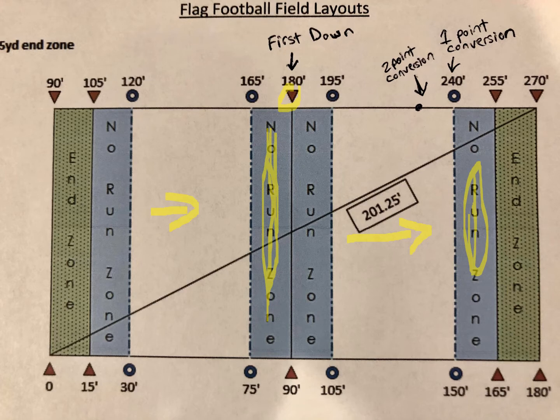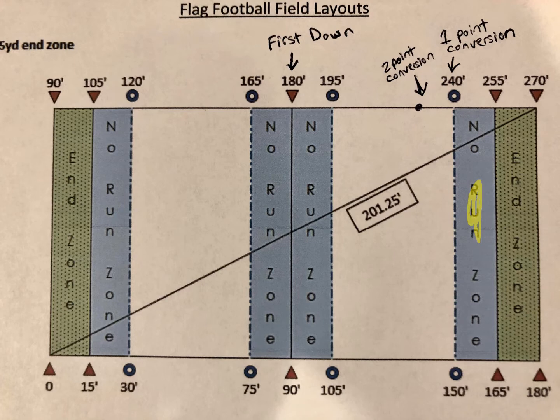The no run zones are designated by a yellow cone, so you'll see them on the field here, here, here, and here. They are designed to avoid short yardage power running situations to help keep the kids safe. The one change here is for the Pee Wee group. They do not have any no run zone. So even if the team is in here, they can run the ball at that Pee Wee level.